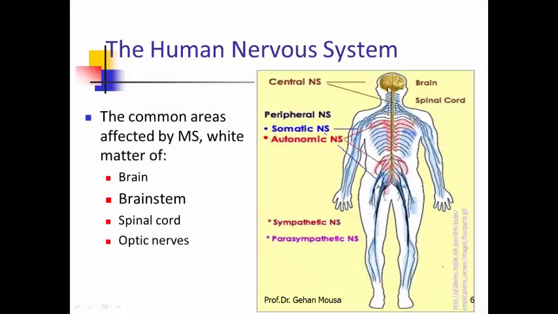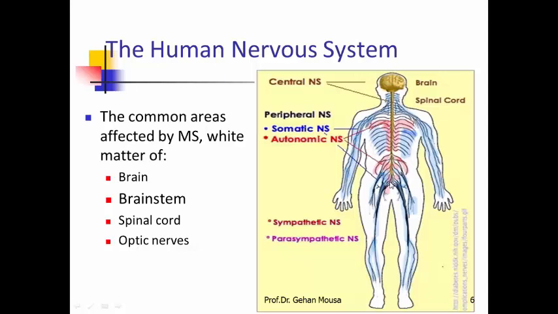This figure shows the central nervous system, brain and spinal cord, and the outgoing nerves from the spinal cord. The central nervous system is connected with the peripheral nervous system, so different parts of the body will be affected with the degeneration of the central nervous system.